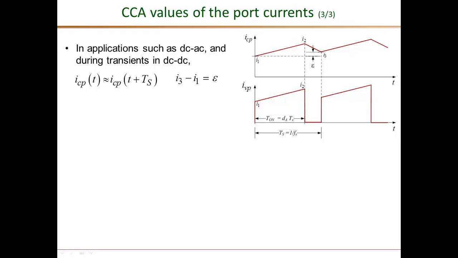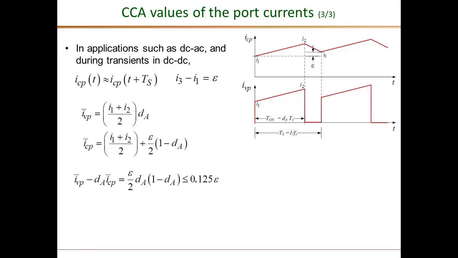Okay. So in that case, the IVP average does not change because it does not see this epsilon increase in the off interval. So its average value is still the same as before. Whereas ICP average, the current port current average, has this extra term compared to the previous case. So the error we get in equating IVP bar to be D times ICP is shown here.